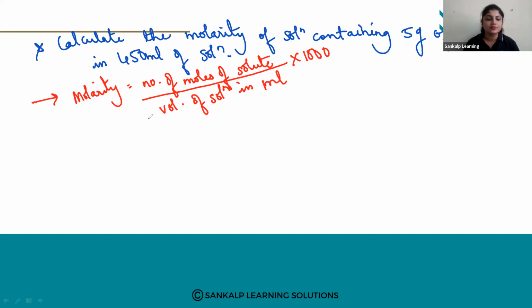So now, calculate the molarity of a solution containing 5 grams of NaOH in 450 ml of solution. So find the number of moles first.